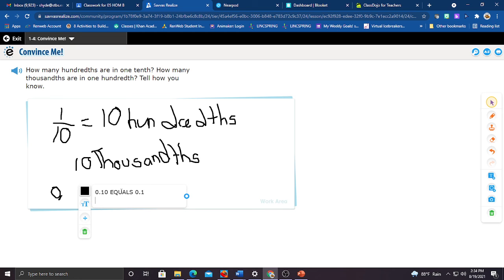The same for 0.010, it equals 0.01. They are both the same numbers.